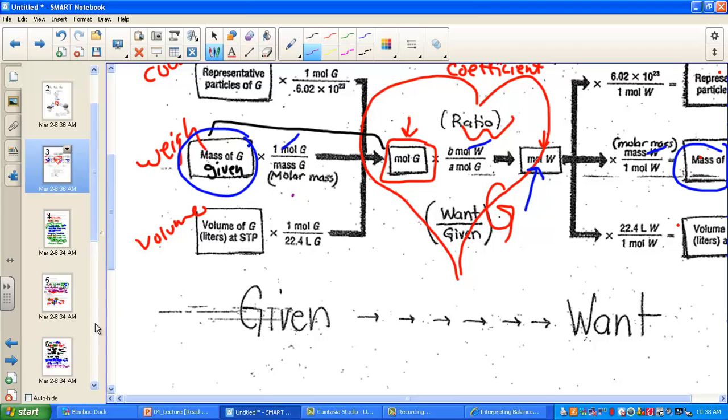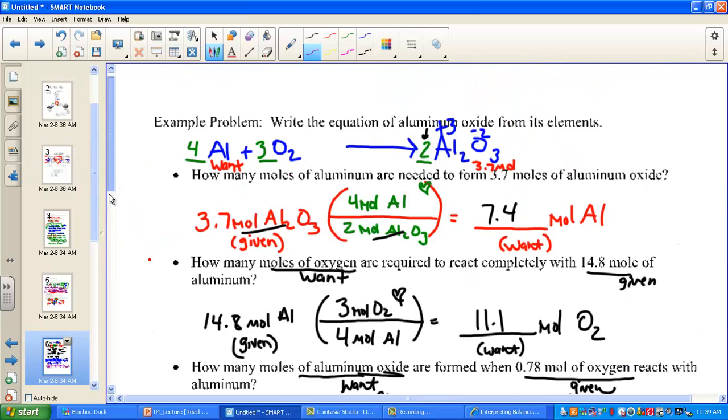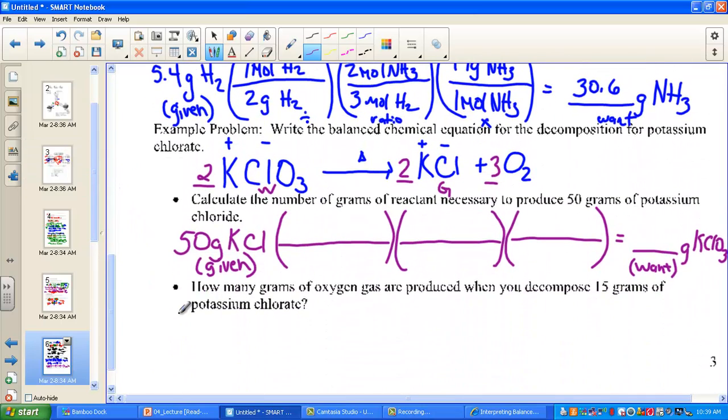And of course we see the molar mass is our necessary conversion. We need the formula weight of KCl. Looking at my periodic table, we know potassium is 39. Chlorine, I'll say 35.5. So the sum, 74.5 grams.